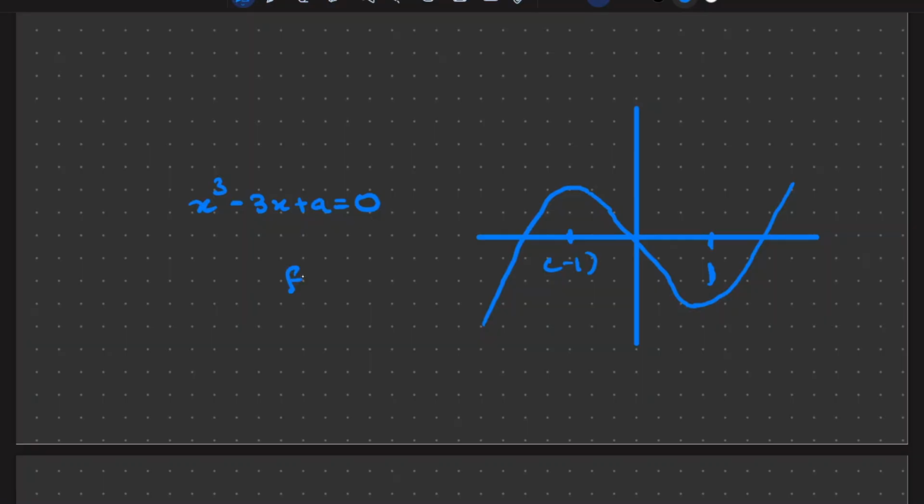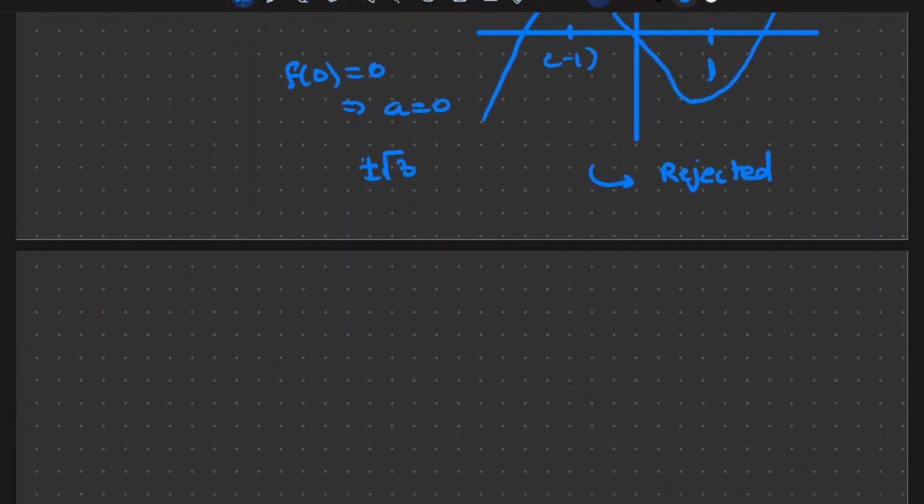So we can tell that f of 0 is 0. From here a is equal to 0, but if a is equal to 0, then the other two roots are plus minus root 3, which are not integers. So this case is rejected.